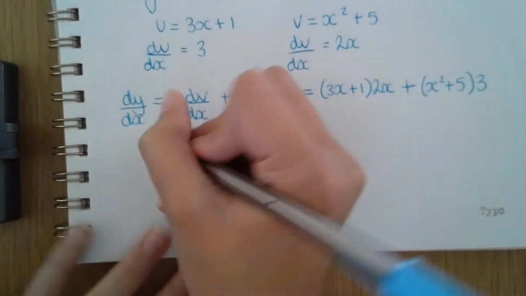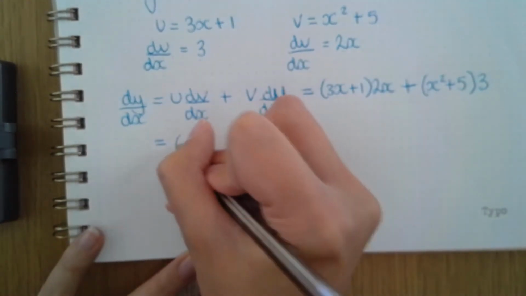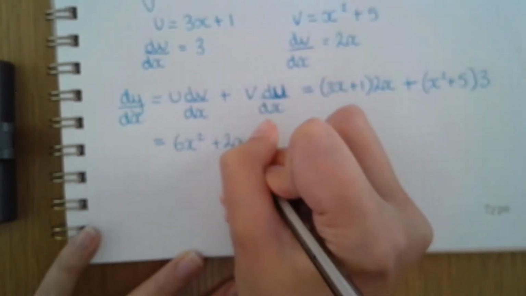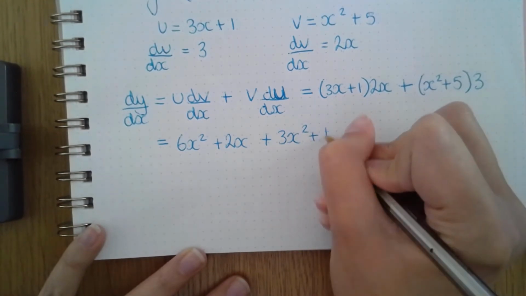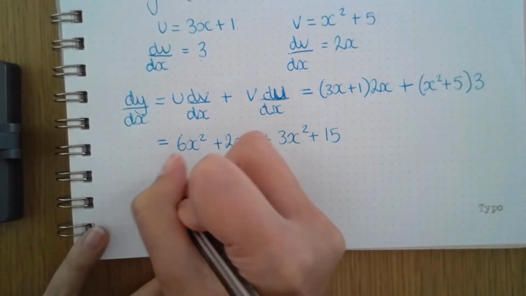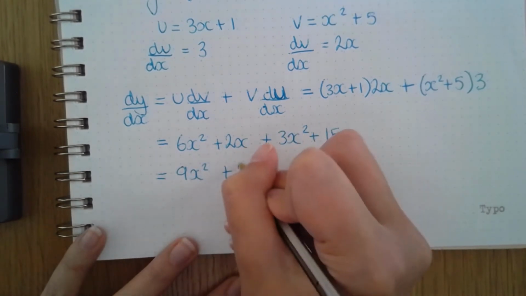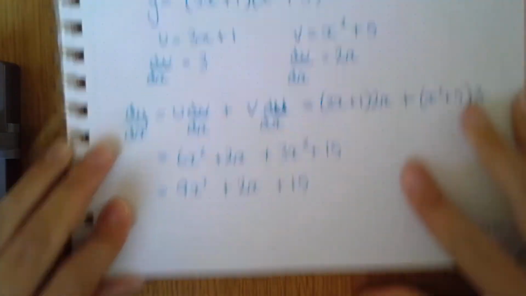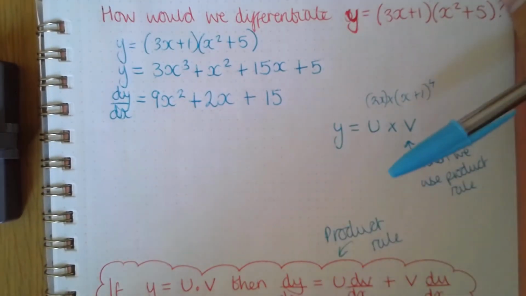So dy dx, 2x times 3x is 6x squared, 1 times 2x is 2x, add 3x squared, add 15. So we get 9x squared plus 2x plus 15, which is exactly the same as what we had up here when we expanded the brackets.